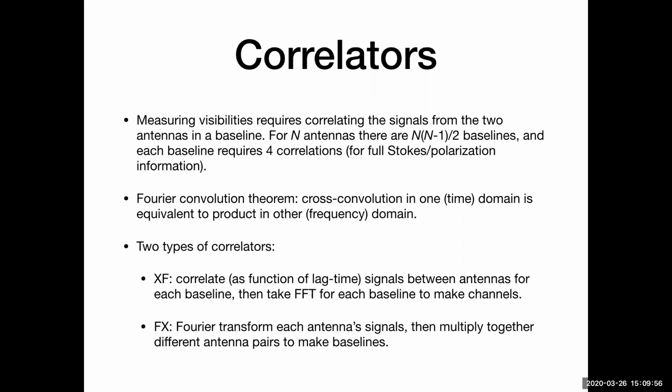So instead of convolving the 2 signals, you calculate the Fourier transforms of each one separately and then multiply the Fourier transforms together to get the visibility out.